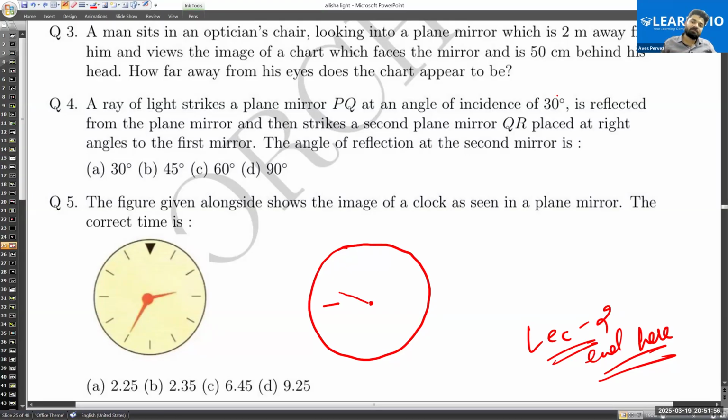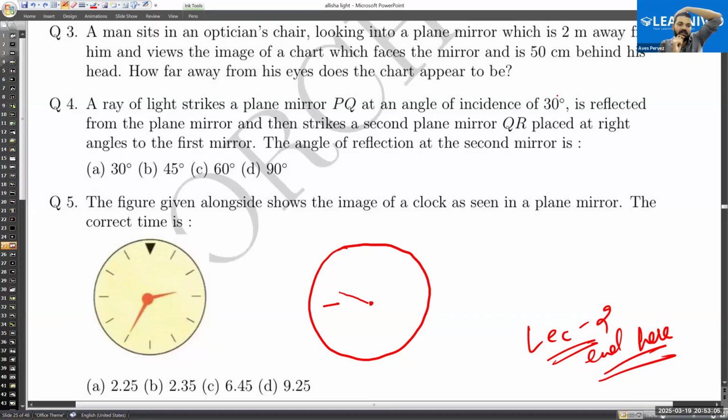Okay, what should be the answer for question number 4? So 30 degree.